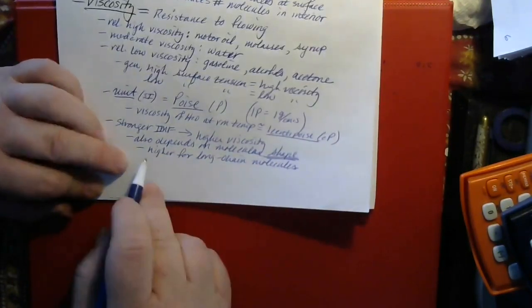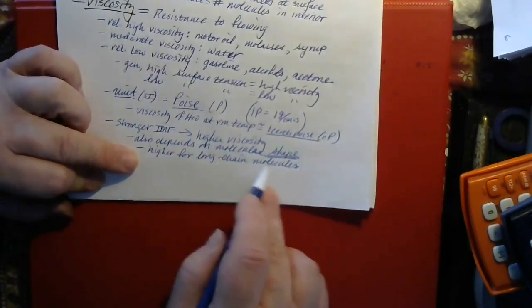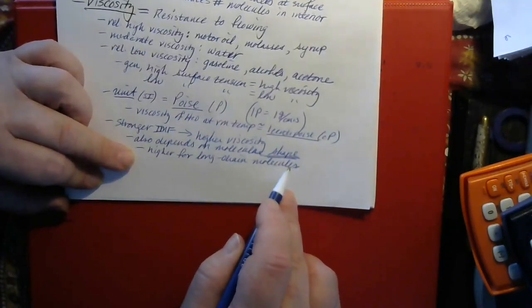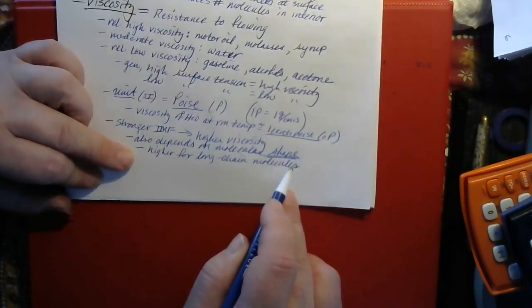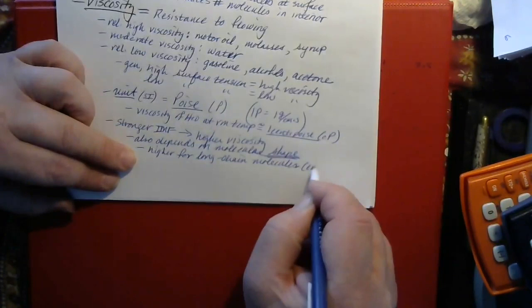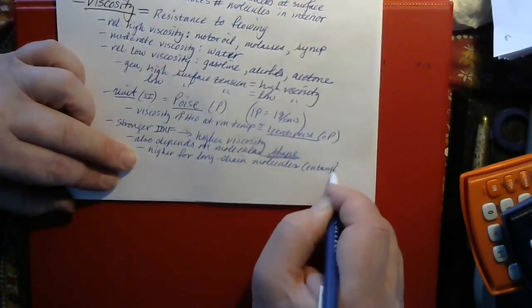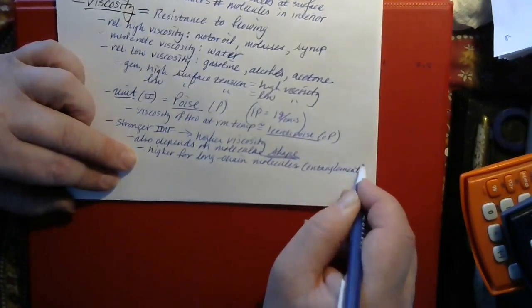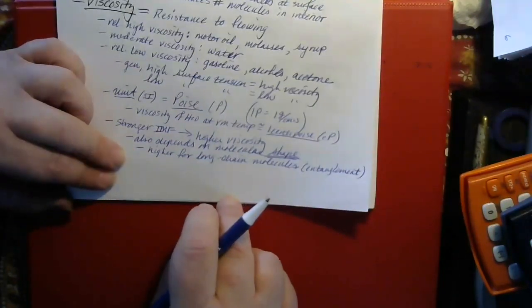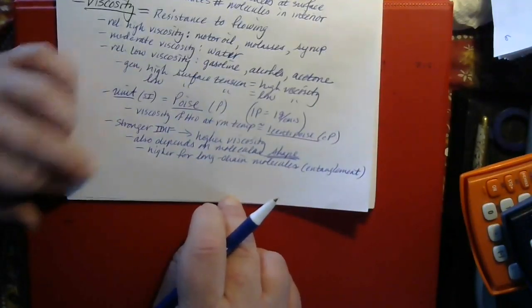So generally, the viscosity would be higher for molecules that have long chains because of entanglement. And also some type of branching.